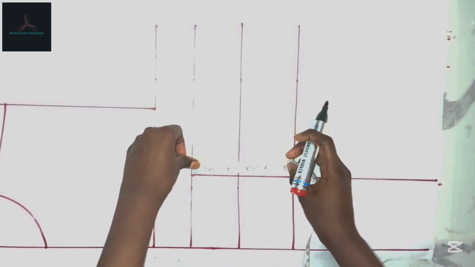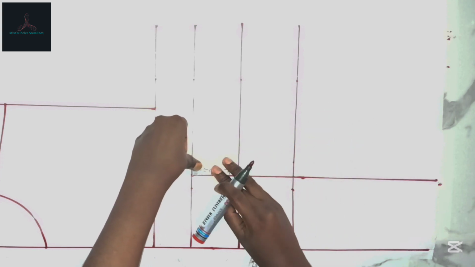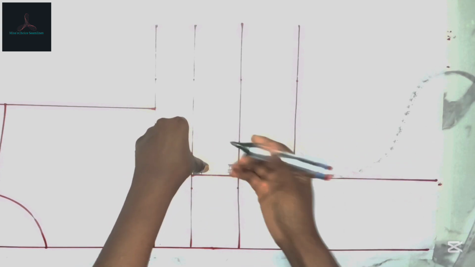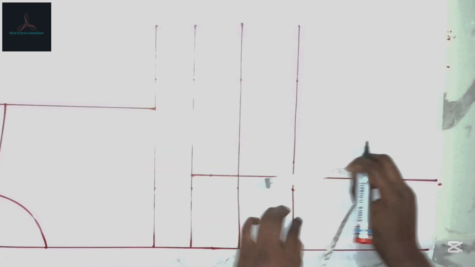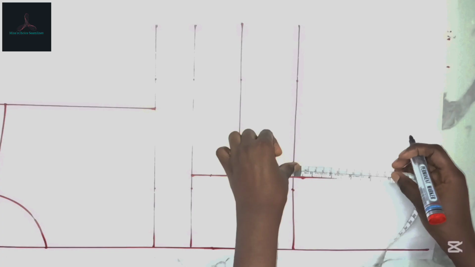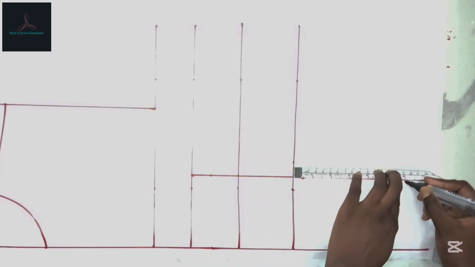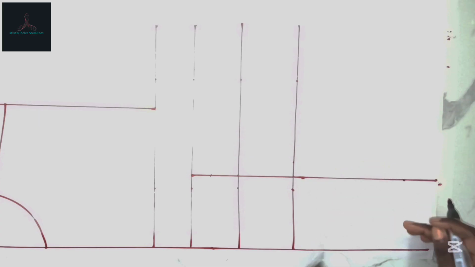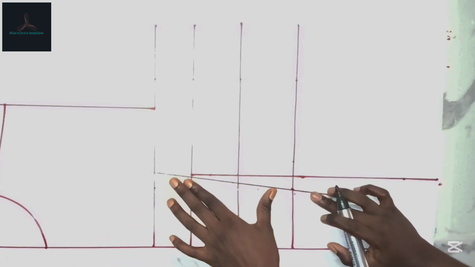From the bust point, I'm going to come down by 1 inch. And I'm going to come down from the waistline here by 6 inches. I am going to connect the dart legs.